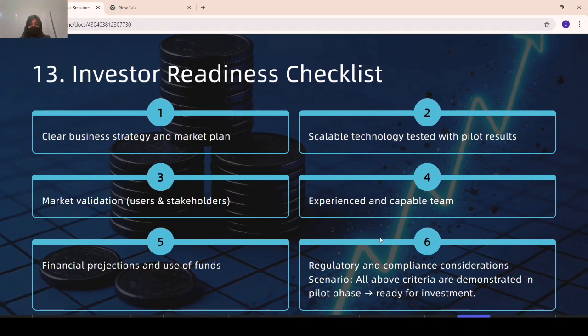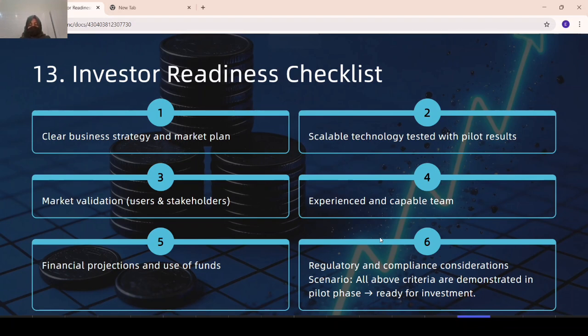There must be a clear idea of what we are trying to achieve, with a clear strategy. So: a clear business strategy and market plan, scalable technology tested with pilot results, market validation with users and stakeholders, experience and capability, financial projections and use of funds, and regulatory and compliance considerations.